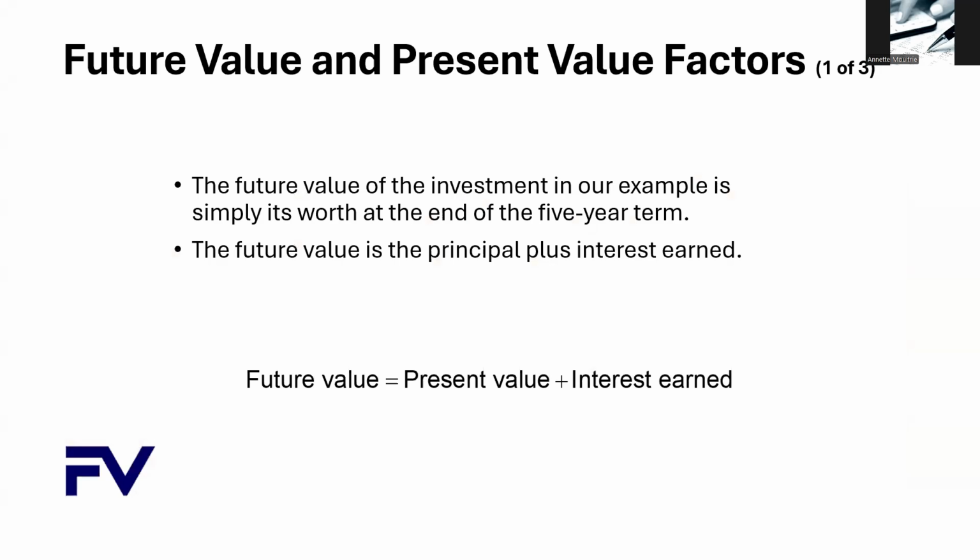The future value and the present value factors. The future value or the present value of an investment simply refers to the value of an investment at different points in time.